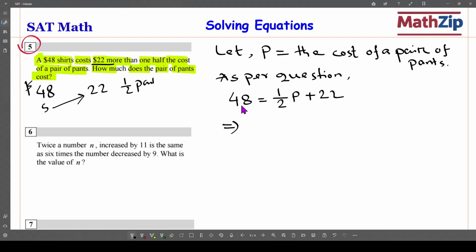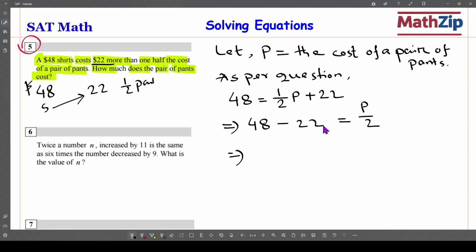So this one here is $48, and we can make an LCM, or we can write another way: 48 minus 22. We just move 22 from the right side to the left side, and here is P by 2.